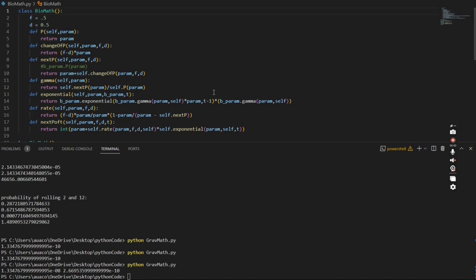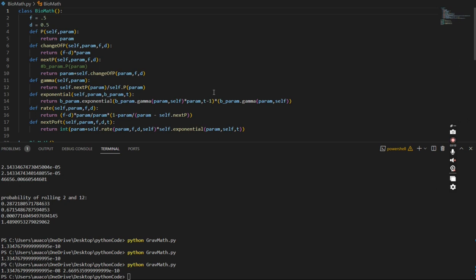Rate is going to be using the original population, the fecundity, and the death rate as parameters, and we return the current population, fecundity minus death times population, over the same population times 1 minus the population.